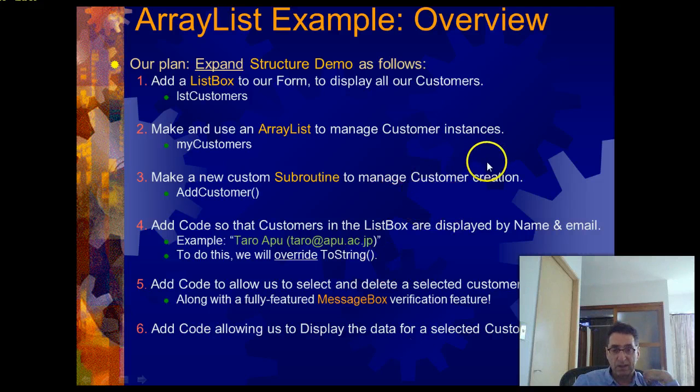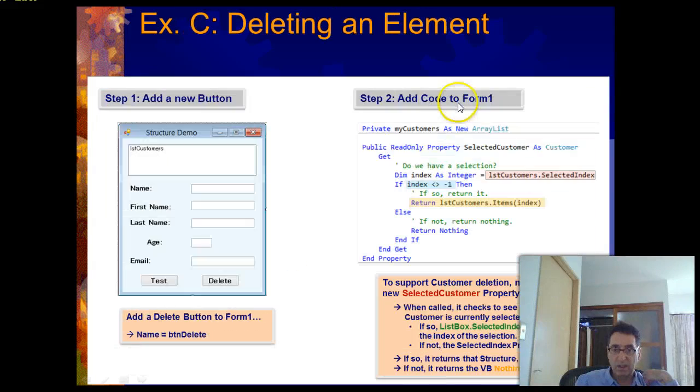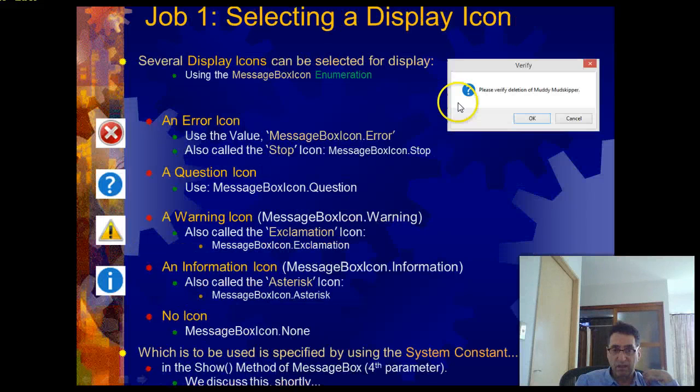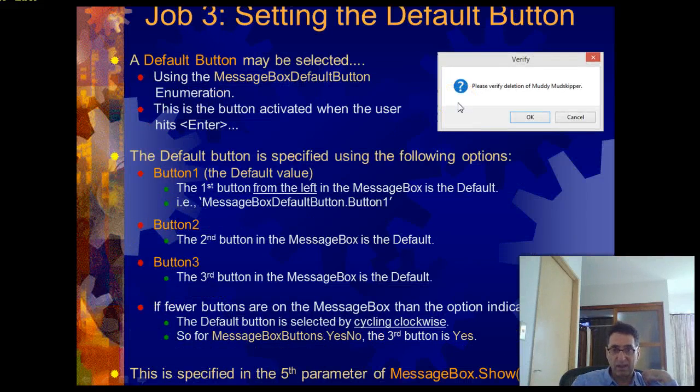Add code allowing us to display the data for a selected customer. So when the user clicks on the customer name in the list box, then the fields below, let me go back and show you. So here, this is the kind of, do you really want to delete message box.